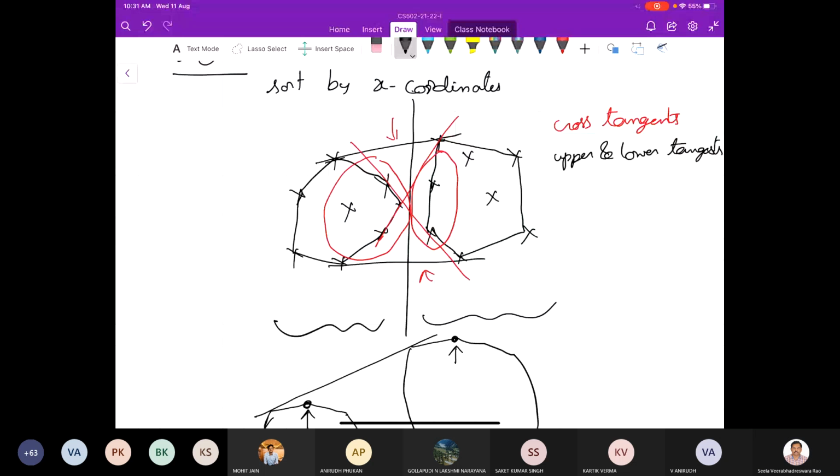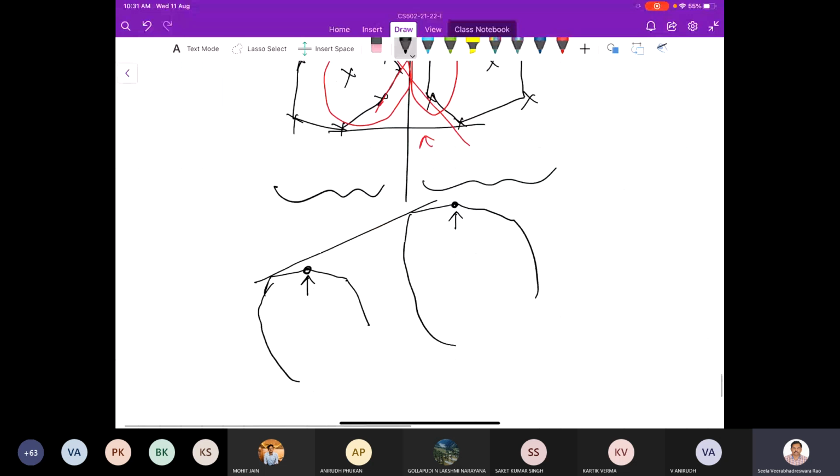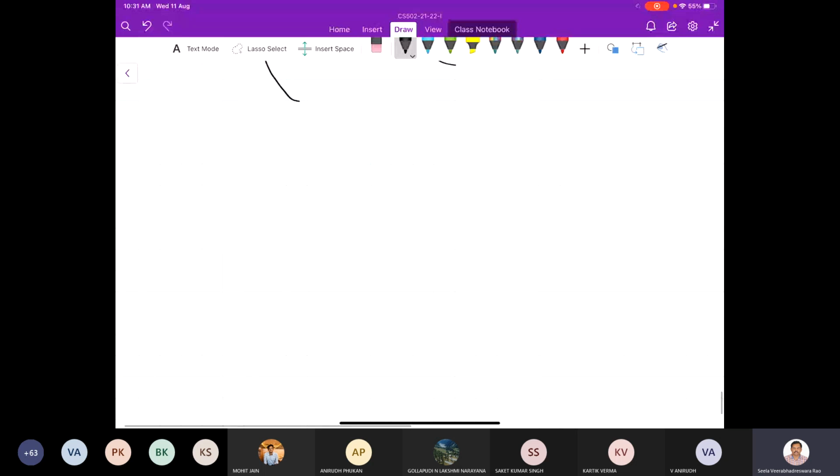So the topmost point is ruled out. Then how to find the upper tangent? Once you know a procedure for finding the upper tangent, we can use a similar procedure to find the lower tangent.